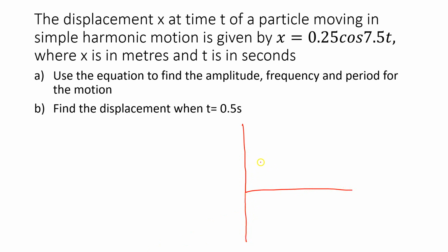But we don't necessarily need to draw the graph. The idea is that you would have a graph looking like this, coming all the way down, coming all the way back up. When the graph reaches back at this location where it started, that would be one period, which would be equivalent to 0.83.